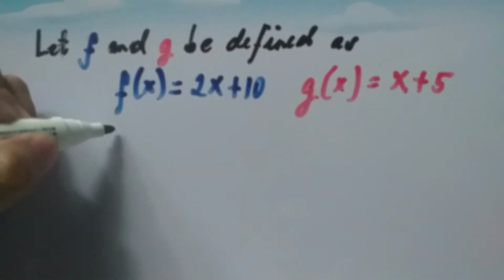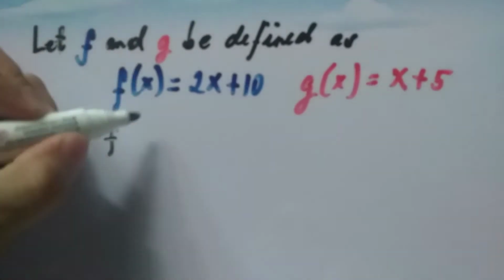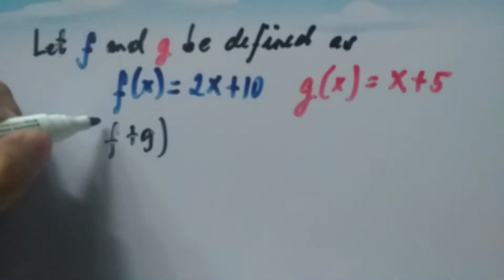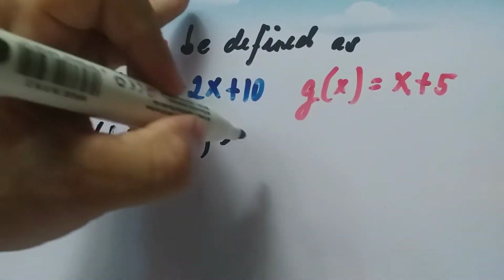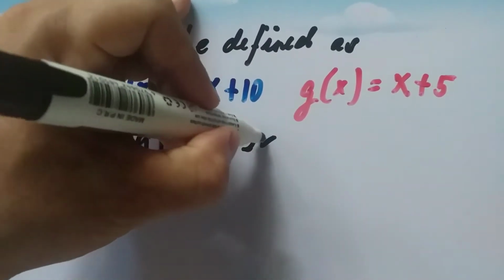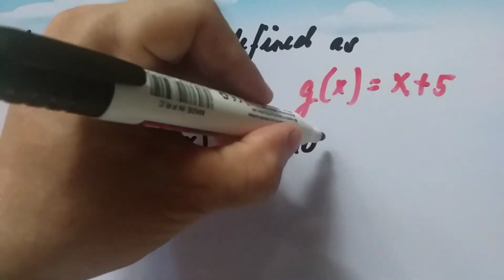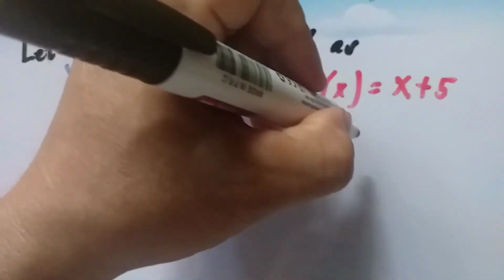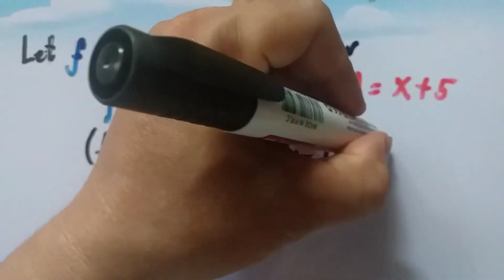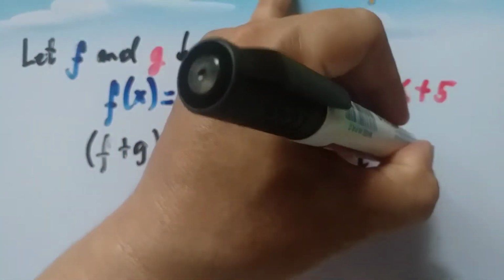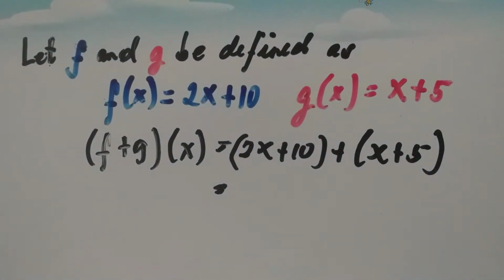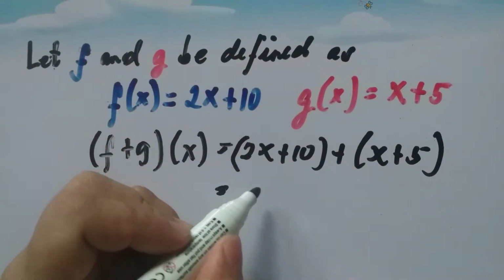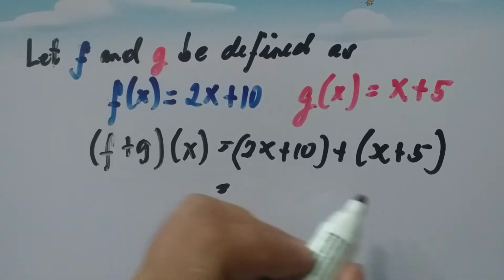This is denoted by f plus g of x equals 2x plus 10 plus x plus 5. So here we just simply remove the parentheses.